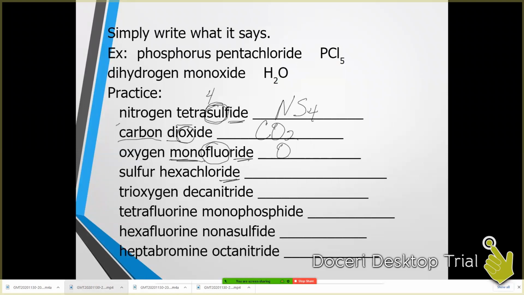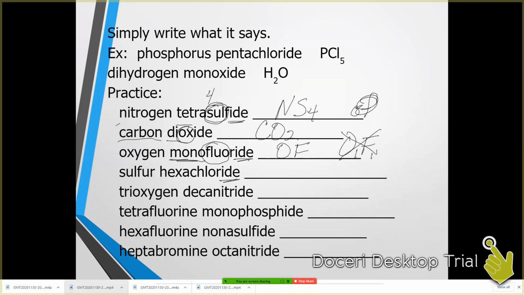Mono means 1, so just OF. You would never put a subscript of 1, so you would never write O1, F1. That would be incorrect. And also, you have to have your symbols capitalized. So if I wrote it with a little o and a little f, that would be incorrect.